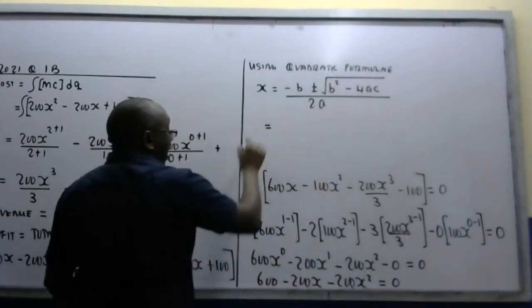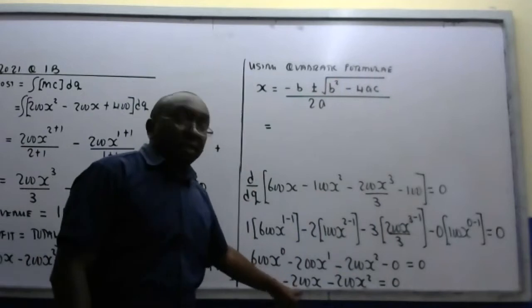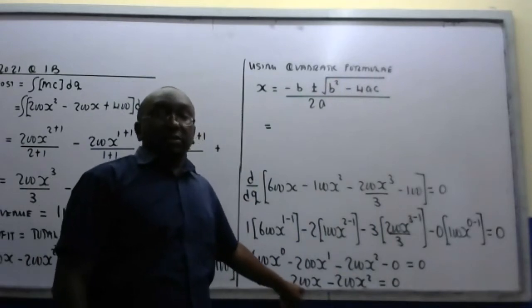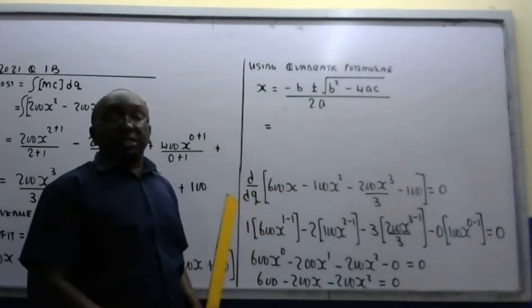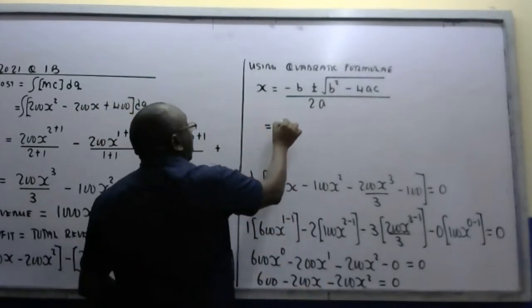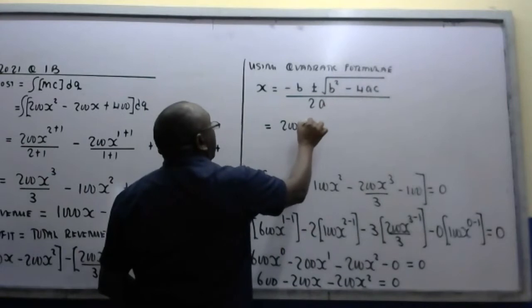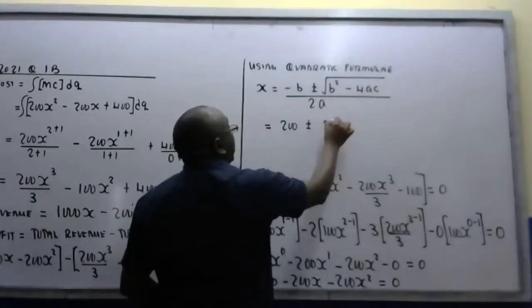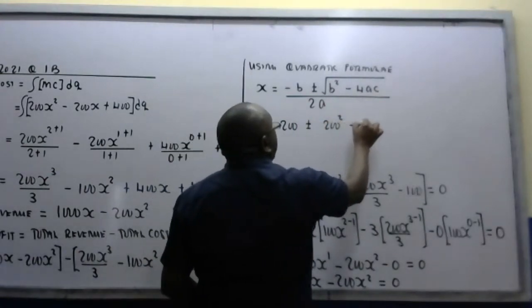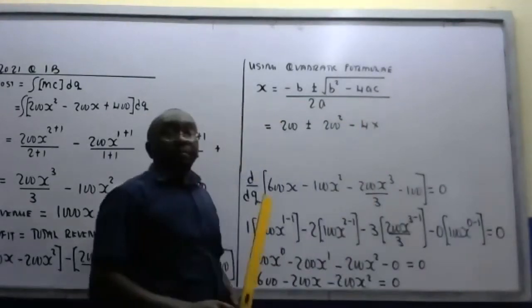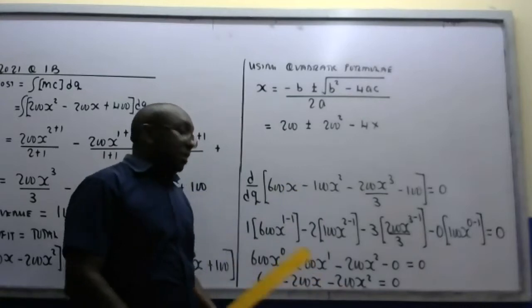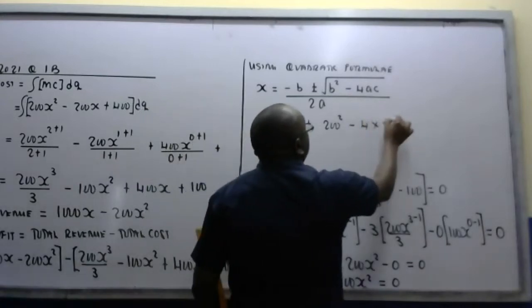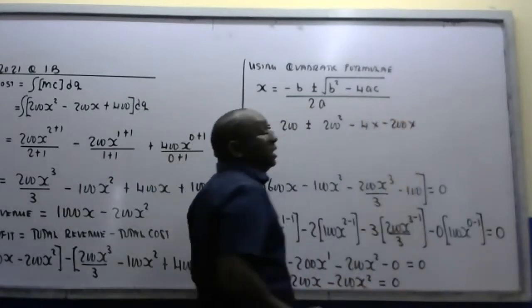So now in my equation here, my b is minus 200. So minus 200 becomes positive, so you put 200 there. Plus or minus 200 squared minus 4 times a. A is the one which has the square, that is minus 200, times c.